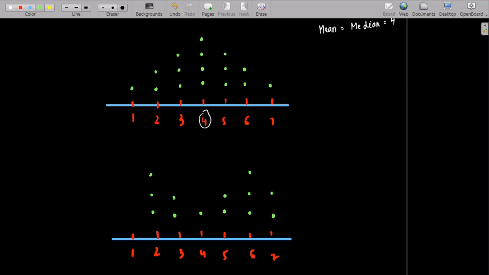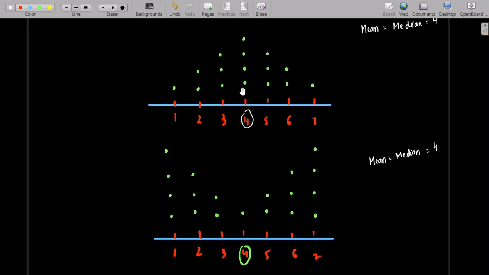It doesn't always have to have the most points in the center. It can have the least number of points in the center and the most in the outer part. Still this is also symmetric around 4, right? And so again, for this one as well, the mean and median will be equal, and they will be the central number, which is again 4. Okay, so Anika, this is your symmetric data set.